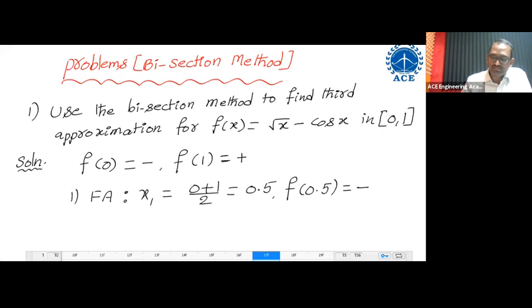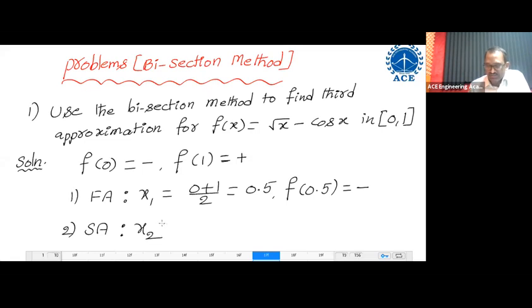Good. Since it is negative, where did you get the latest positive sign? It occurs at 1. Now f of 0.5 and f of 1 are of opposite signs.